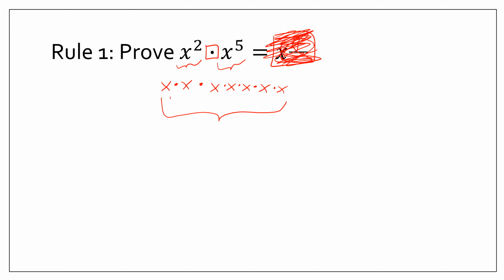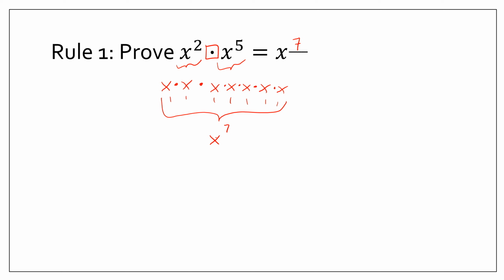Well, looks like 1, 2, 3, 4, 5, 6, 7. This is x to the seventh, which is my answer. So why do I add them? Because really, I'm basically just saying, hey, there are 2 x's here, there are 5 more x's, we're just multiplying them all together, so x to the seventh. This is why the rule is the way it is.